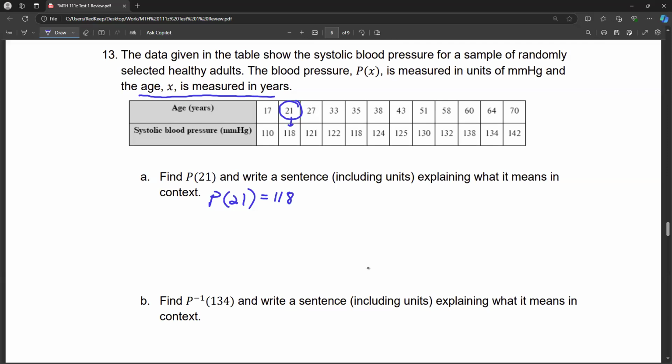So you might write something like, the blood pressure of a 21-year-old is 118 mmHg. And of course, this is the 21-year-olds that were a part of this survey.